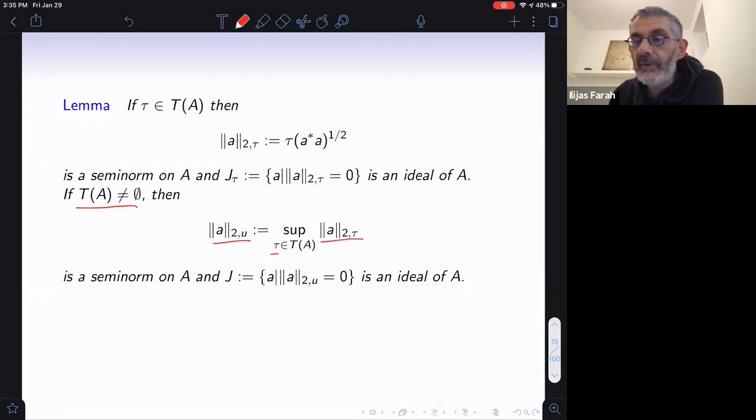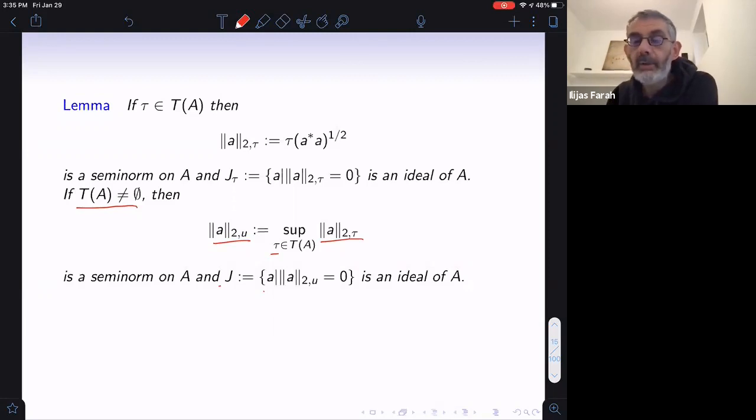So if you have more than one tracial state, this is going to be some semi-norm. And again, you have this ideal, which is the intersection of all the ideals for different tracial states. It is again an ideal of A, the tracial ideal.